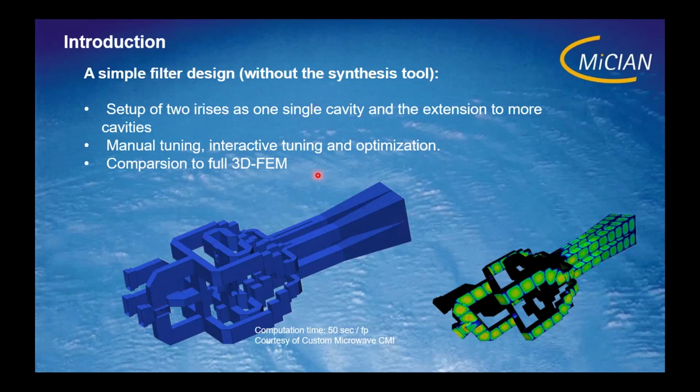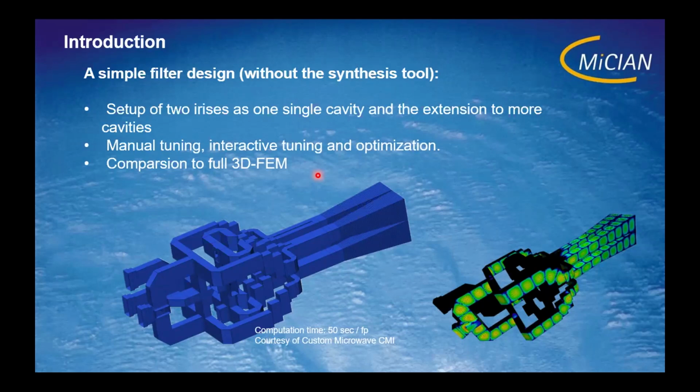In a simple filter design, you will set up what we call irises, and I will show you how to do it. And you are designing a cavity. A cavity is one component of a filter, and when you combine 2-3 cavities, you come up with a complete filter.